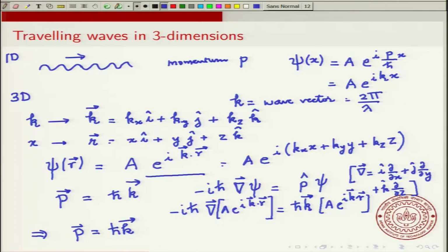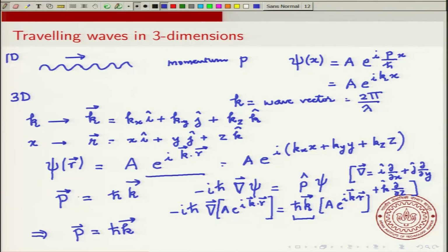So you see that this constant multiplying the wave function is nothing but the eigenvalue, and that is equal to the momentum. So the momentum eigenvalue is h cross k for a travelling wave in 3 dimensions, and this is again seen in elementary books in quantum mechanics. So this expression e to the i k dot r represents a travelling wave in 3 dimensions.